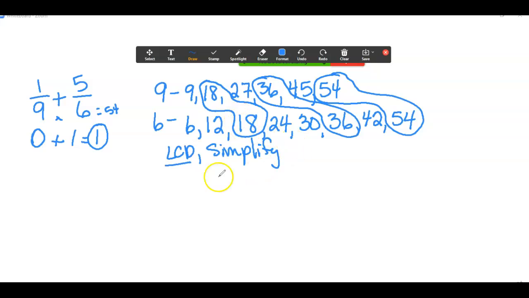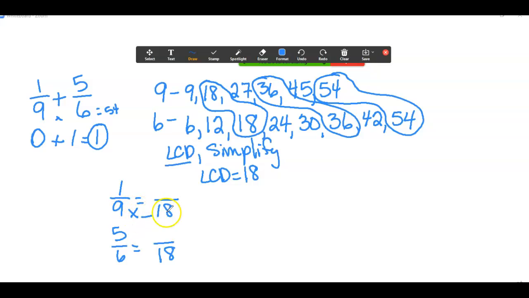So now that I know that my LCD is 18, the next step is to take each of my fractions and change them to the LCD. So I have 1/9 that's going into 18ths, and I have 5/6, which is going into 18ths. So remember, this is all about my relationships. So 9 times what is 18?